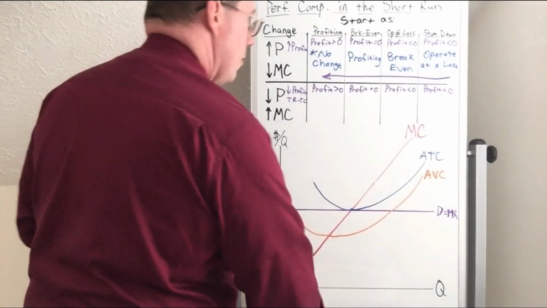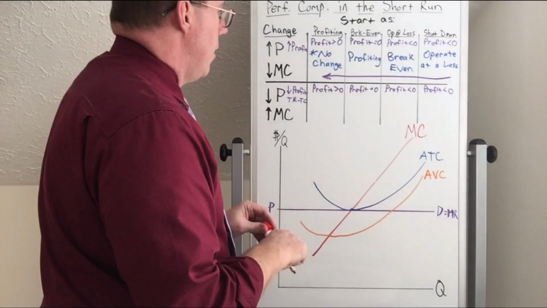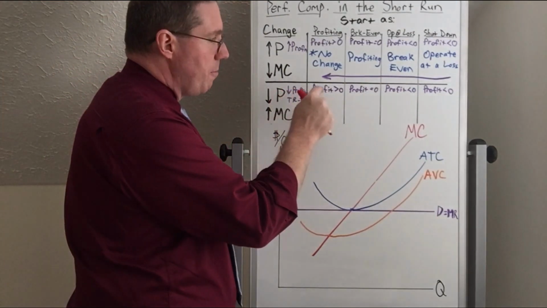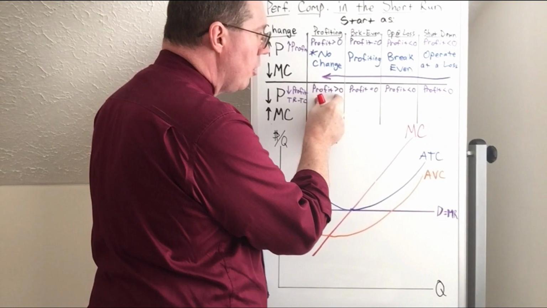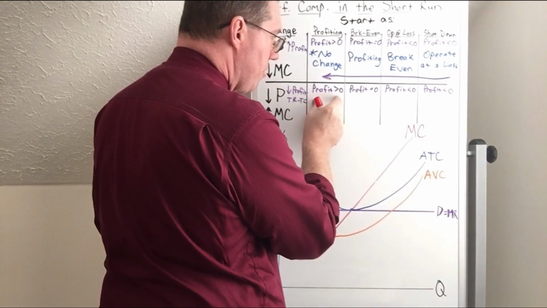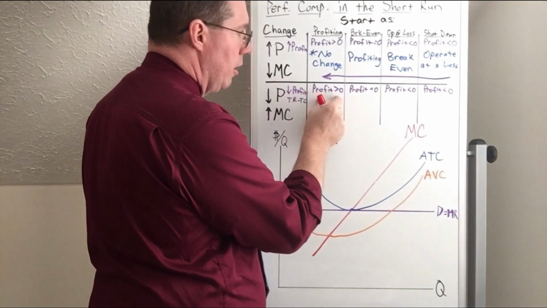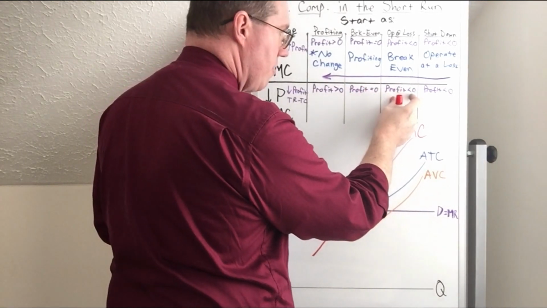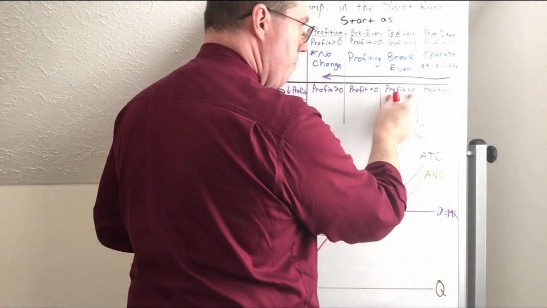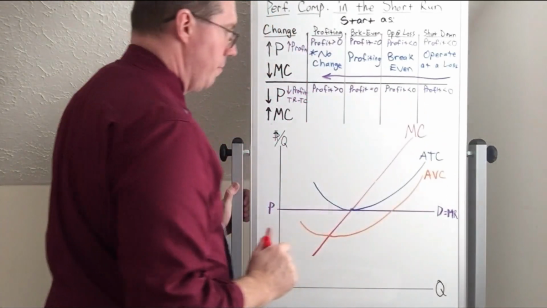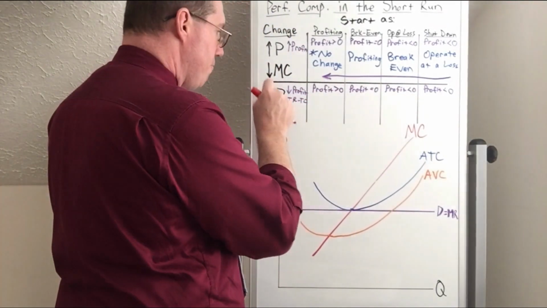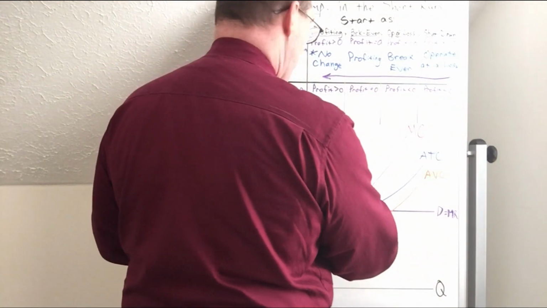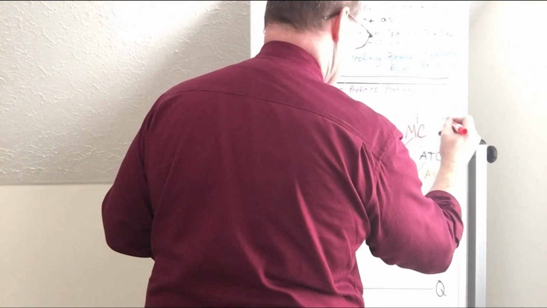But now profit is going to become less. This number is going to become smaller. So if it was greater than 0, when it gets smaller, it's going to become 0. If it's 0 and it goes down, it'll become less than 0. And if it's less than 0 in a small way, it's going to become less than 0 in a big way.